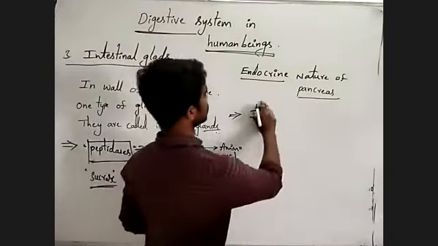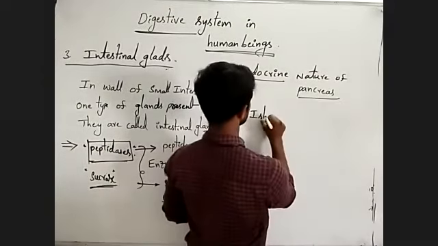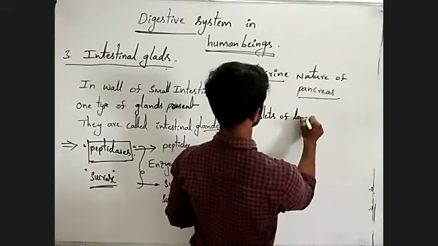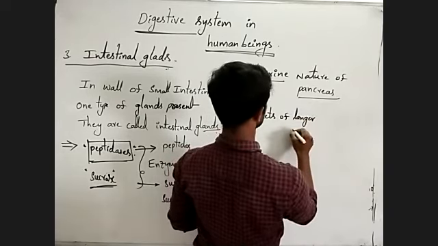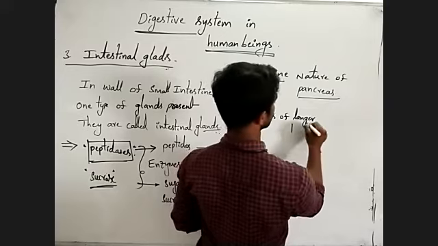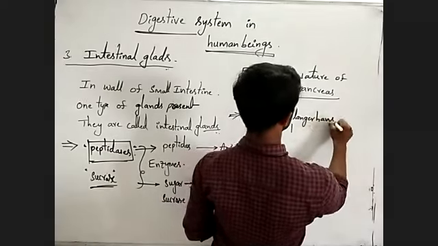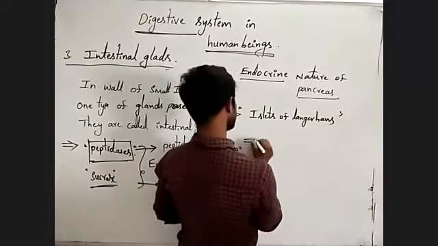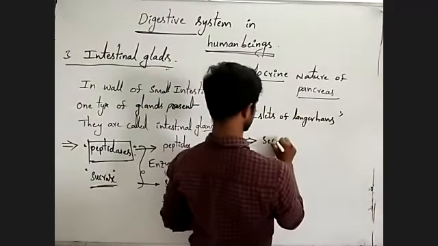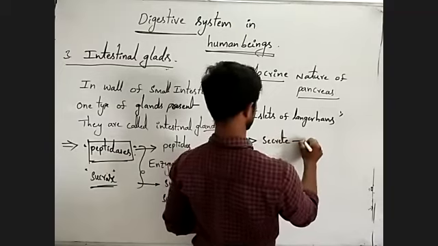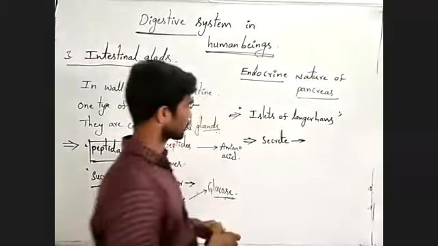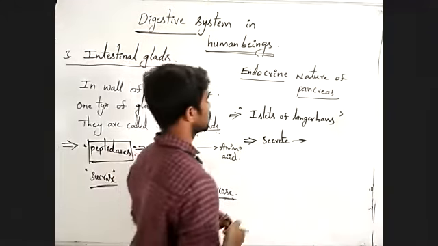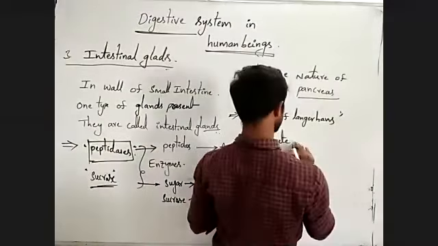They are called islets of Langerhans. These islets of Langerhans secrete two types of hormones.